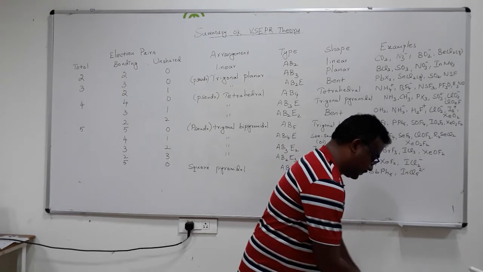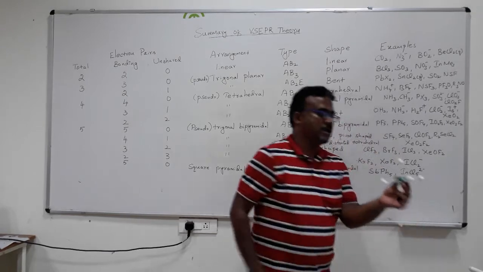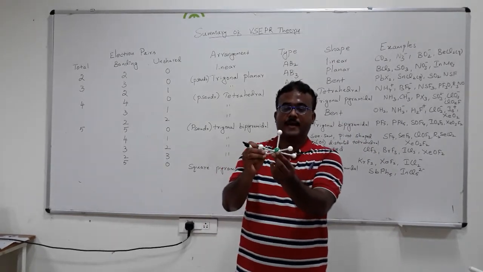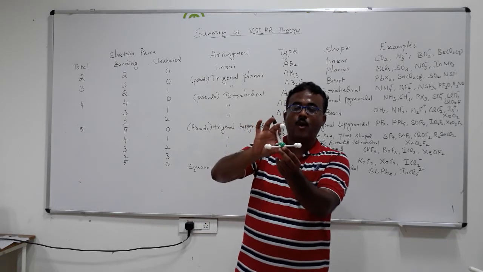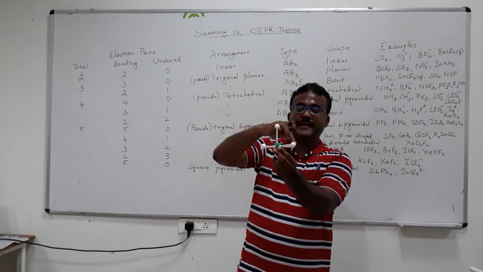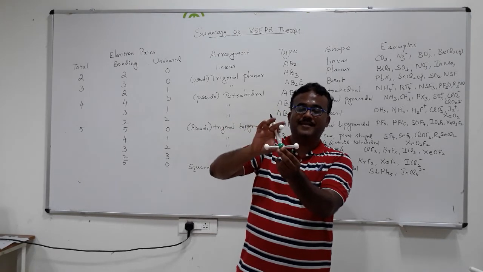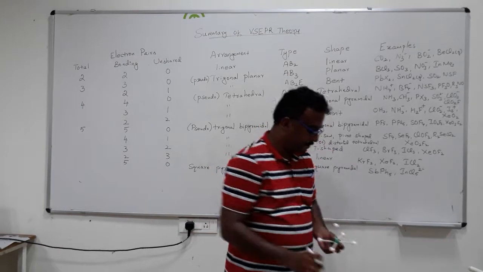Square pyramidal. This one is the geometry of a square. These 4 atoms form a square, and there is only one atom connecting all the 4 atoms to form a pyramid. So the geometry of this molecule is square pyramidal.